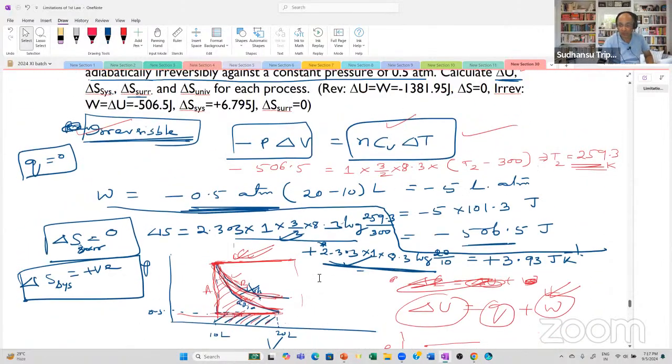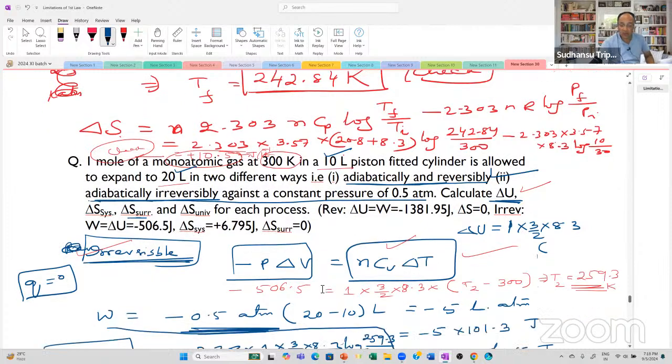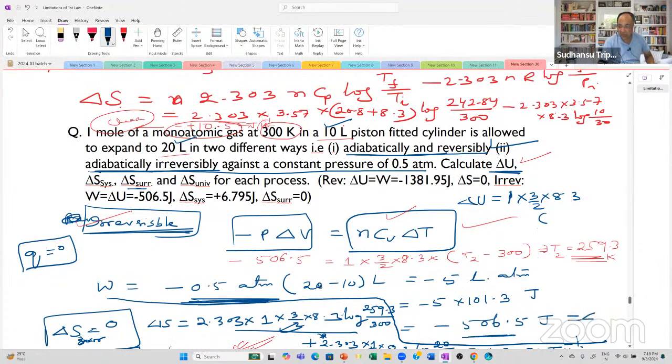This is over. In this adiabatic irreversible problem, we have found out del U. Del U is the same as nCV dT, n is 1, 3 by 2 into 8.3. Del U we have not found out. Oh yes, W is equal to, yes, this is also del U. You will find the answer will be the same.